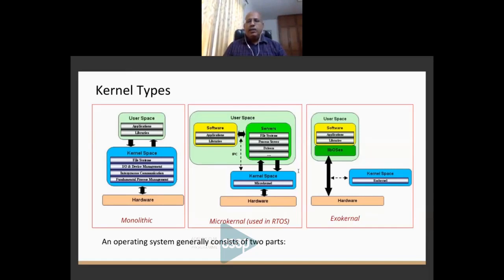And then the exokernel is a concept developed at MIT in their parallel and distributed lab, which gives applications some privileged access to hardware through a mechanism of virtual files and things like that. So let us not go into the details of these areas, but just understand our RTOS typically uses a kernel called a microkernel, where the kernel has very limited functions, and all the other features like file systems and communication interfaces, many of those things, are moved and put in the user space.